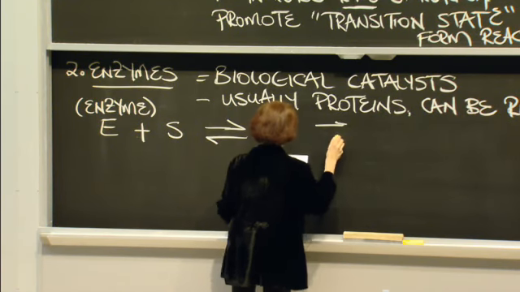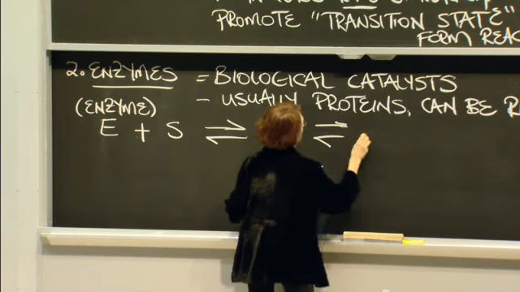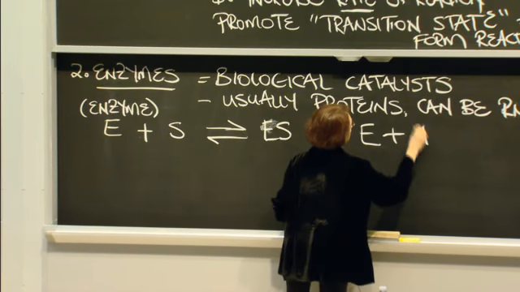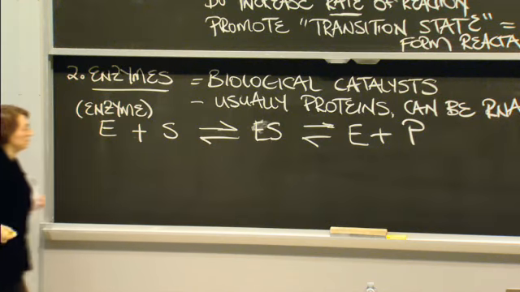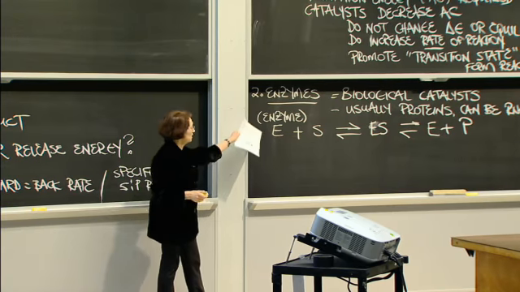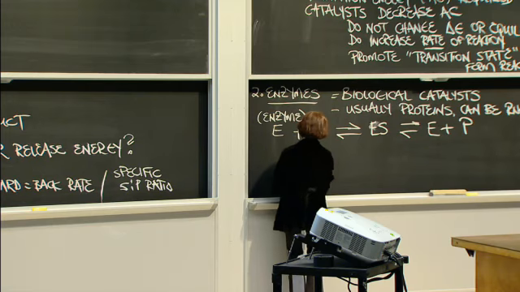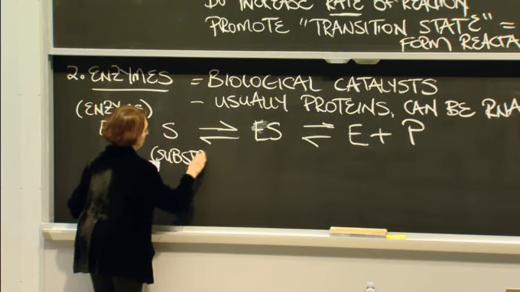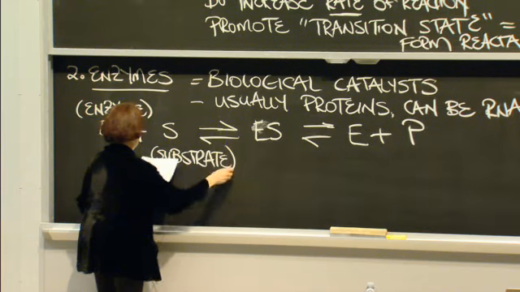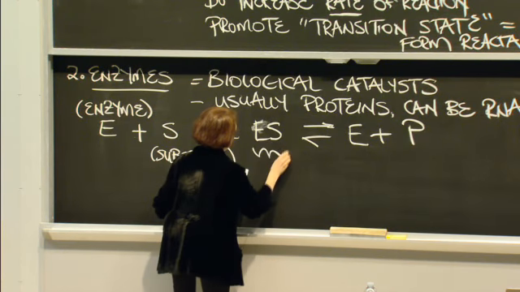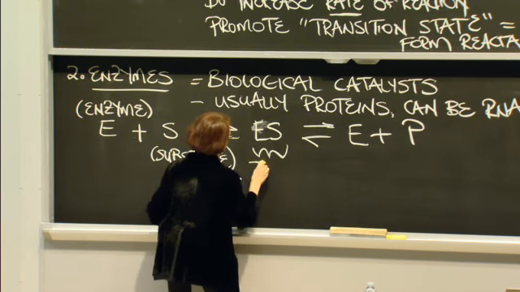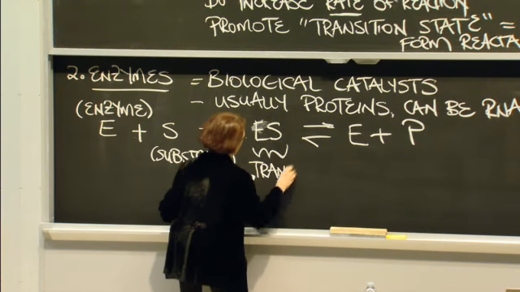And that, as I'll draw in a moment, is going to give rise to the enzyme plus the product. So let me just draw this up there, and then we'll talk about what these mean. E is enzyme, S is substrate, as previously. This enzyme substrate, ES, is the transition state complex.